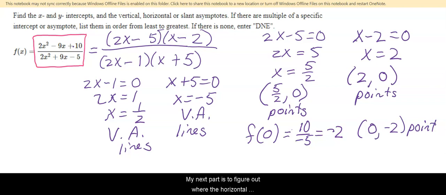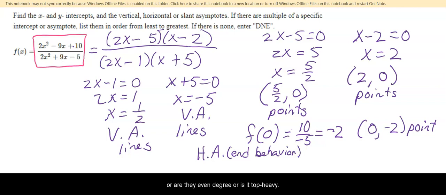My next part is to figure out where the horizontal asymptotes are. To find a horizontal asymptote, I want to look at the end behavior. To look at end behavior, I need to decide, is it bottom heavy, or are they even degree, or is it top heavy?